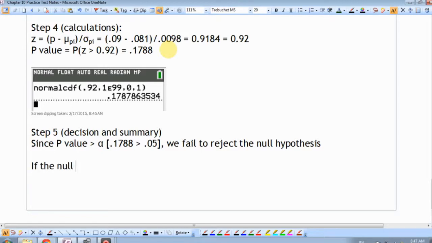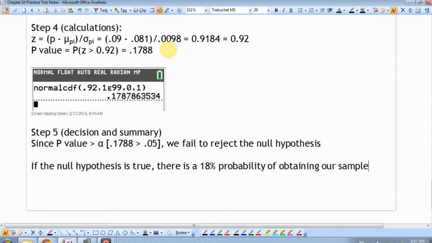If the null hypothesis was true, there is almost an 18% chance, we use chance or probability, of obtaining our sample.